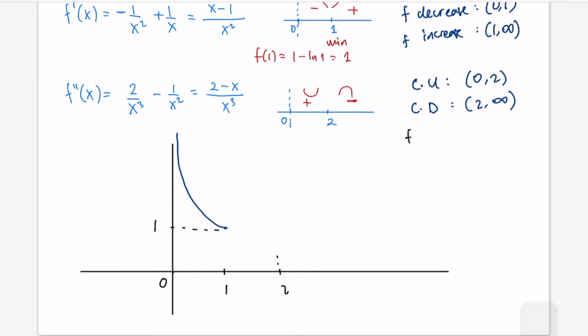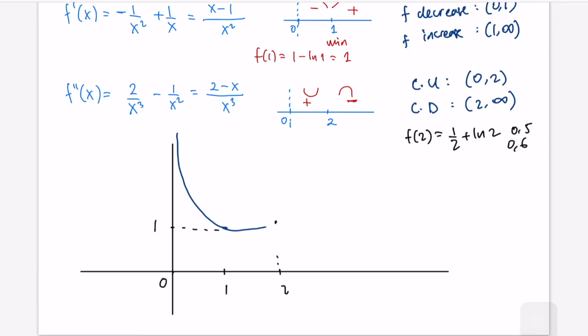And then let me write this 2. And f(2) is 2 plus ln 2, or 1 over 2, sorry. ln 2 is around 0.6. This is 0.5, so it's around 1 point something, so maybe around here.